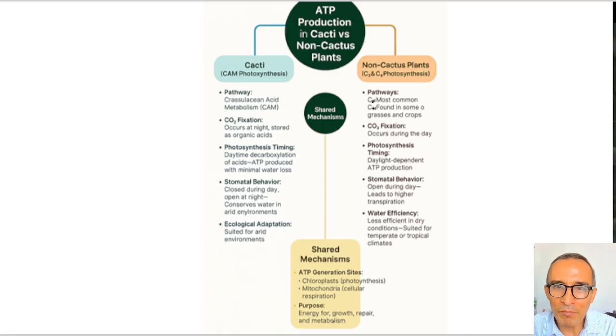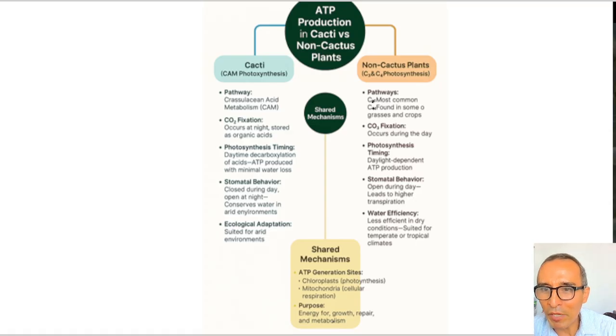In cacti, the process of transforming carbon dioxide with the stimulus of sunlight in the day is the same as happens in the other plants. The difference is that the process in cacti starts in the night.